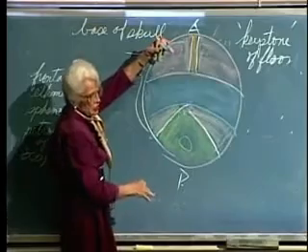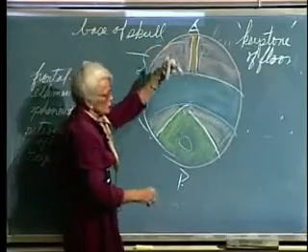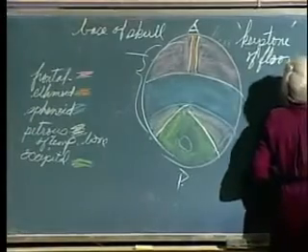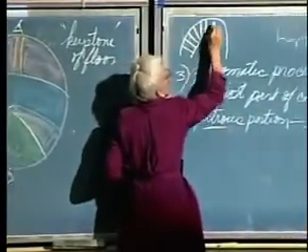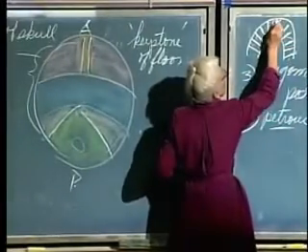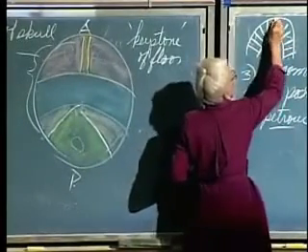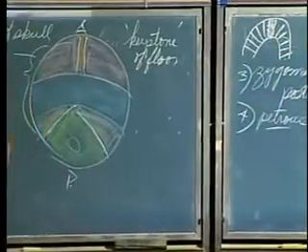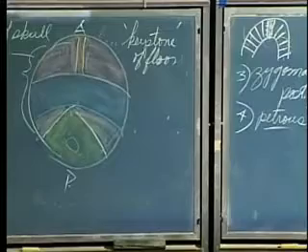Have you ever built an arch? Do you know what the keystone of an arch is? You've got an arch like this, and you've got the bricks like this. You take out this brick, and everything else falls down. That's a keystone. The sphenoid is the keystone of the floor.